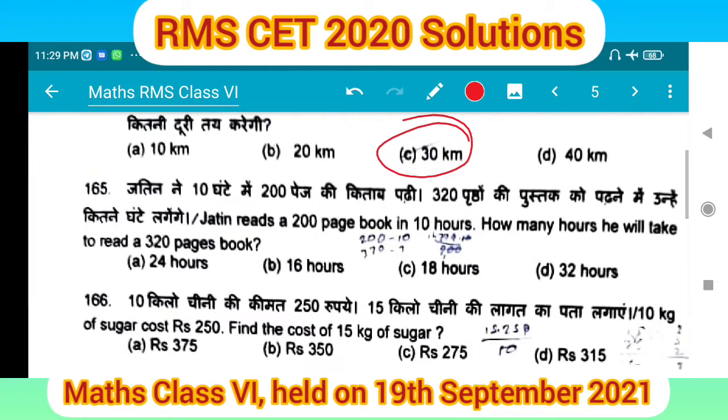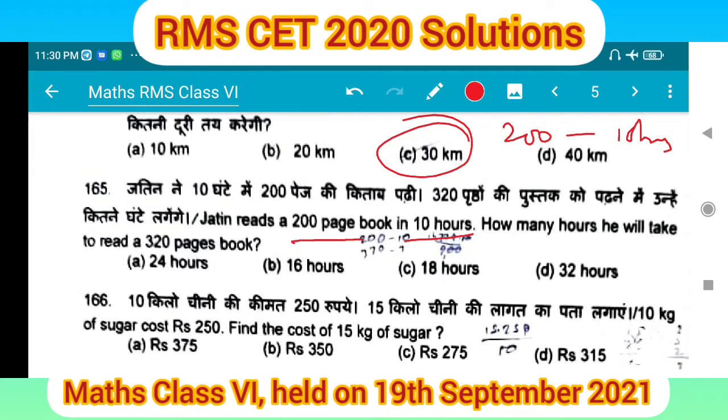Next, Jatin reads a 200 page book in 10 hours. It is also the unitary method. How many hours will he take for 320 pages? The first condition is 200 pages read in 10 hours.